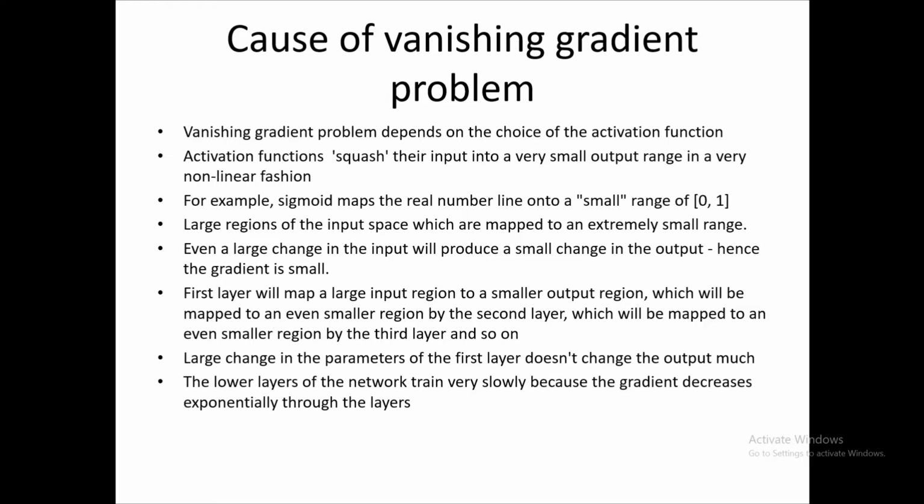The lower layers of the network train very slowly because the gradient decreases exponentially through the layers. We call this the vanishing gradient problem.